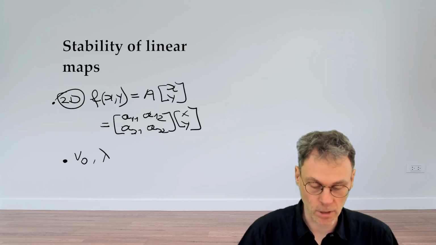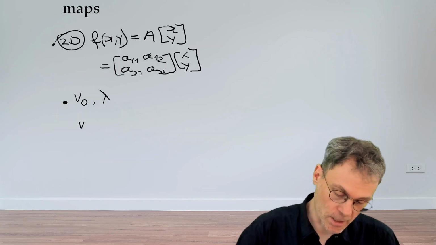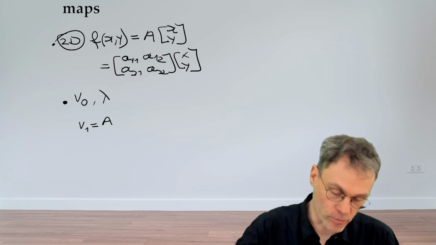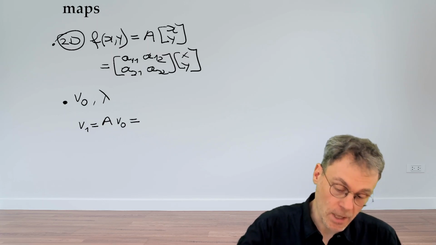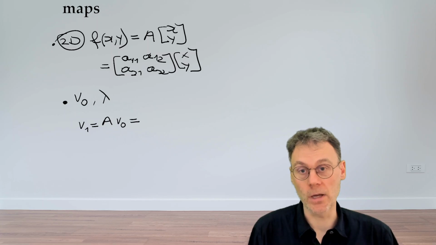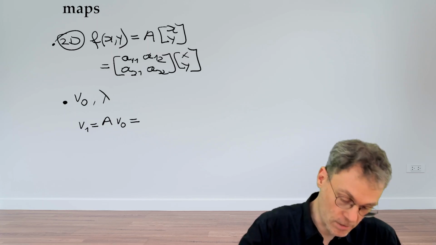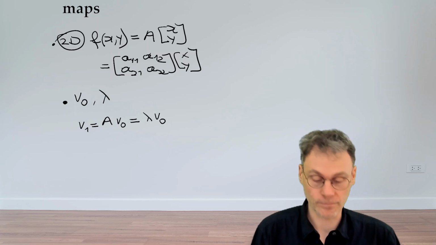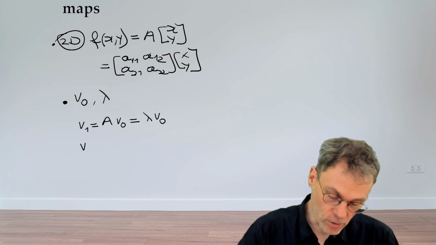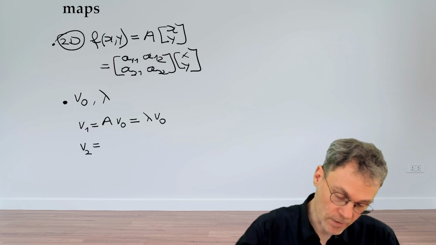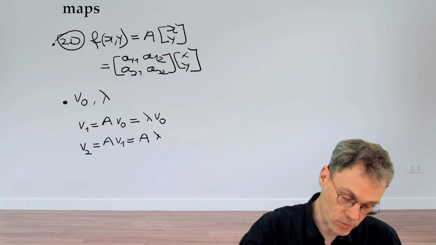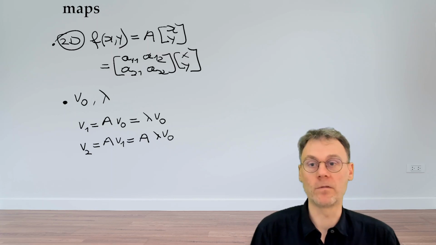So let's calculate the orbit, and more specifically, let's calculate v1, which we get by having A operating upon v0. And simply because v0 is an eigenvector of A, we get that this is equal to lambda times v0. Okay, let's keep going. For v2, we have A times v1. v1, we just calculated that to be lambda v0.